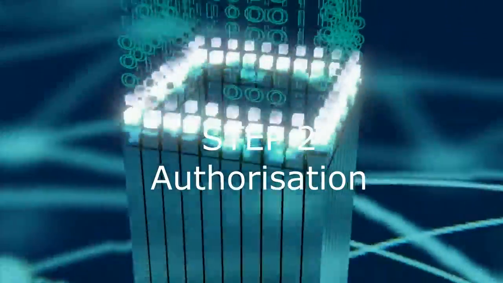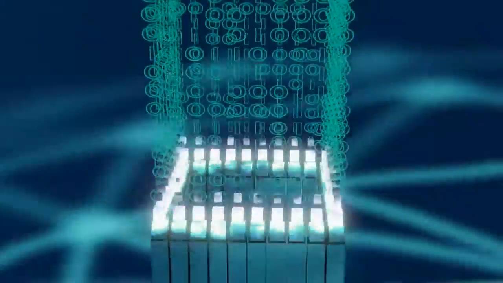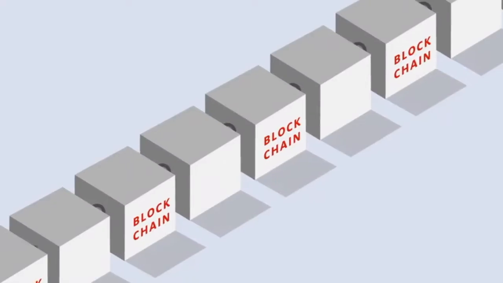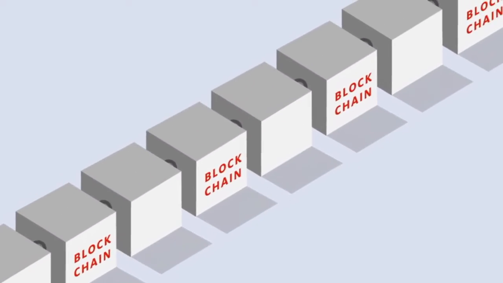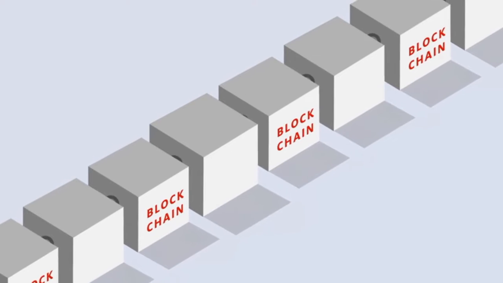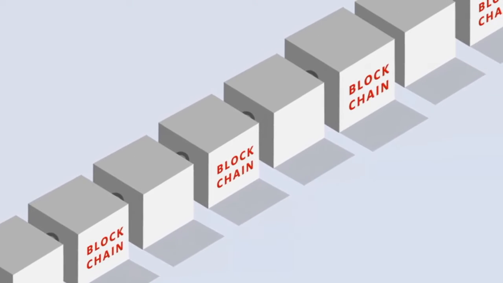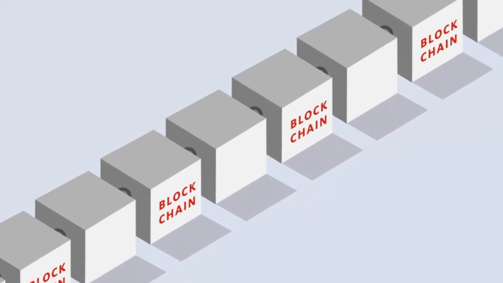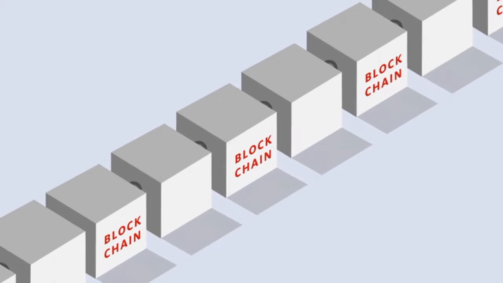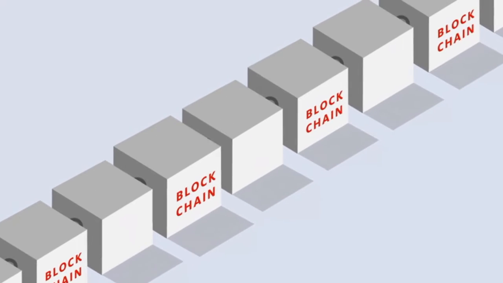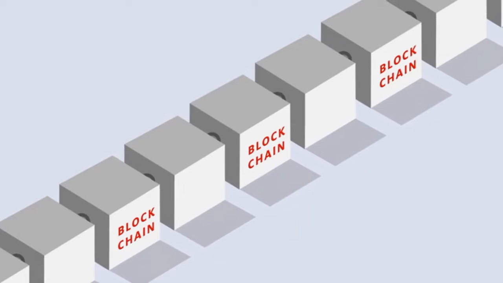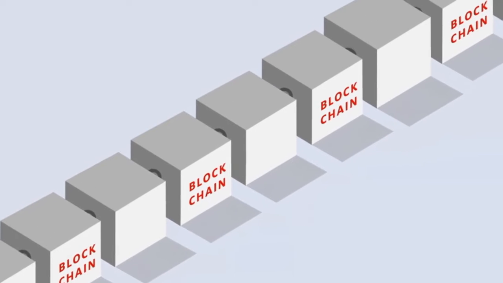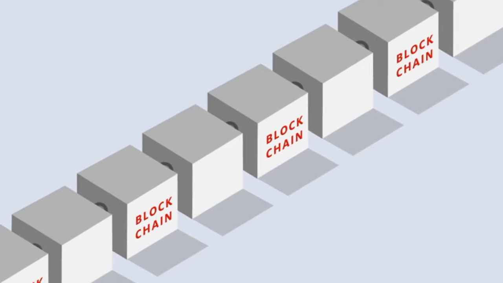Once the transaction is agreed between the users, it needs to be approved and authorized before it is added to the block in the chain. For a public blockchain, the decision to add a transaction to the chain is made by consensus. This means that the majority of nodes or computers in the network must agree that the transaction is valid.